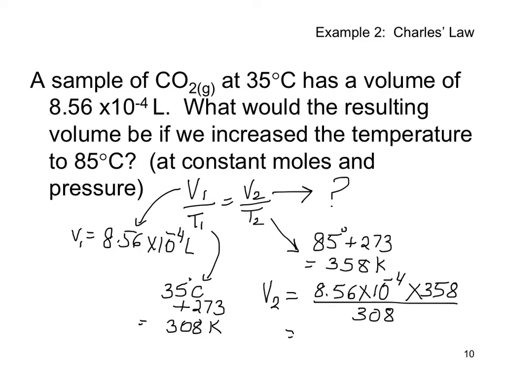So on my calculator, I'm going to punch in 8.56 times 358 divided by 308. And it comes out to be 9.949 times 10 to the power of negative 4. If you wanted to go with the significant figures, you'll report it as 9.95 times 10 to the negative 4 liters.